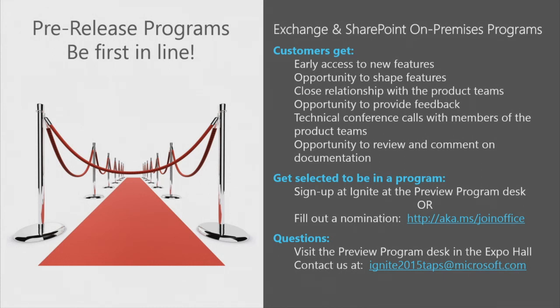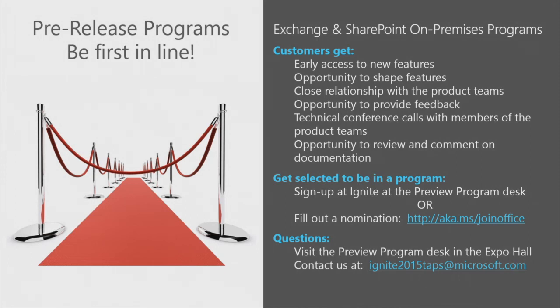We're helping you because we ship higher quality products with great feature sets. You will not find better access to the product group or more direct input into what our product should contain than becoming a member of a preview program or a TAP program.